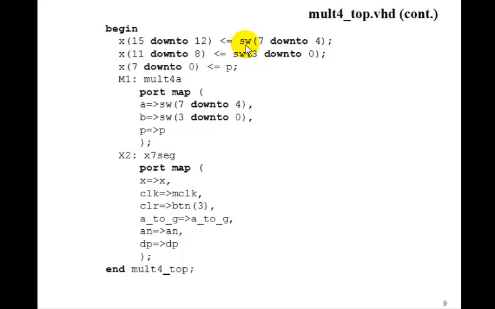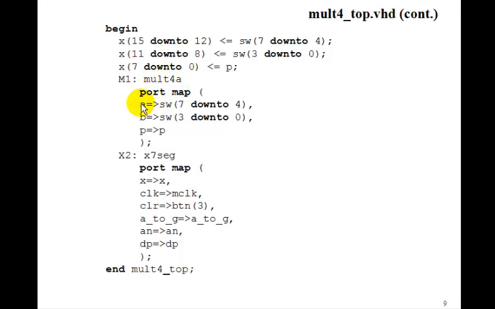So the 2 leftmost switches will be the top 4 bits of X. That's the leftmost 7-segment display. The lower 4 switches will be X11 down to 8, and then the product will be the lower 8 bits. And we'll just do the 2 port maps.